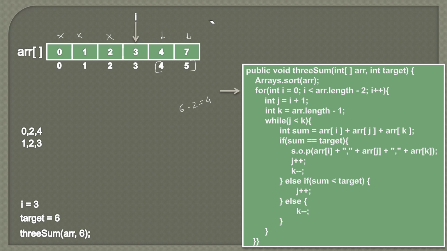If i would have traveled all the way across the array, say for example, if i would have reached here, so j would have started from here and k would have also started from here, which we don't want because we want j should be less than k. So at least we need to give space for two elements. So therefore we are taking it as i should be less than array.length -2. We are doing -2 because one slot will be taken by j and other slot can be taken up by k properly.